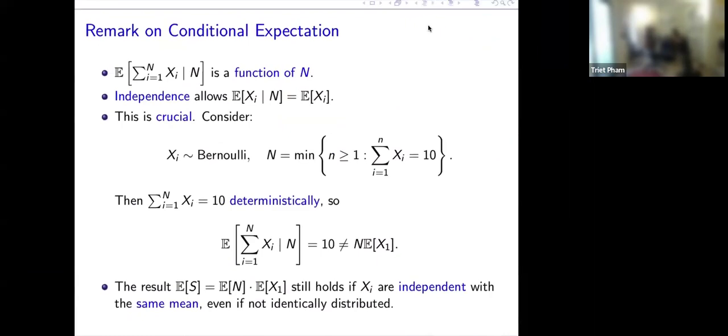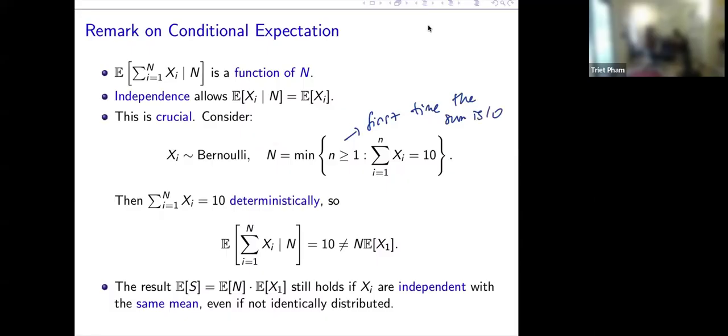On this slide, I give an example of what happens if independence does not hold. Here, N as I defined it is the first time the sum is 10.